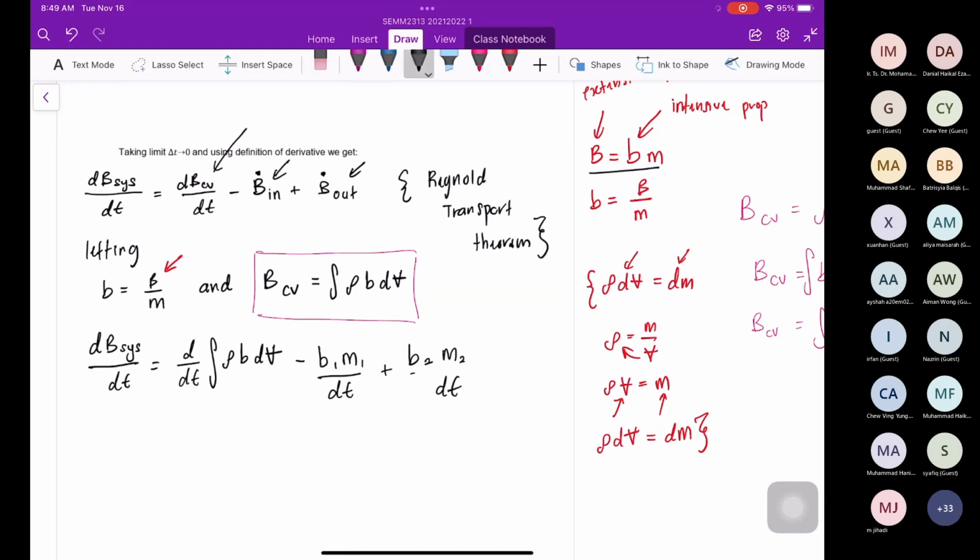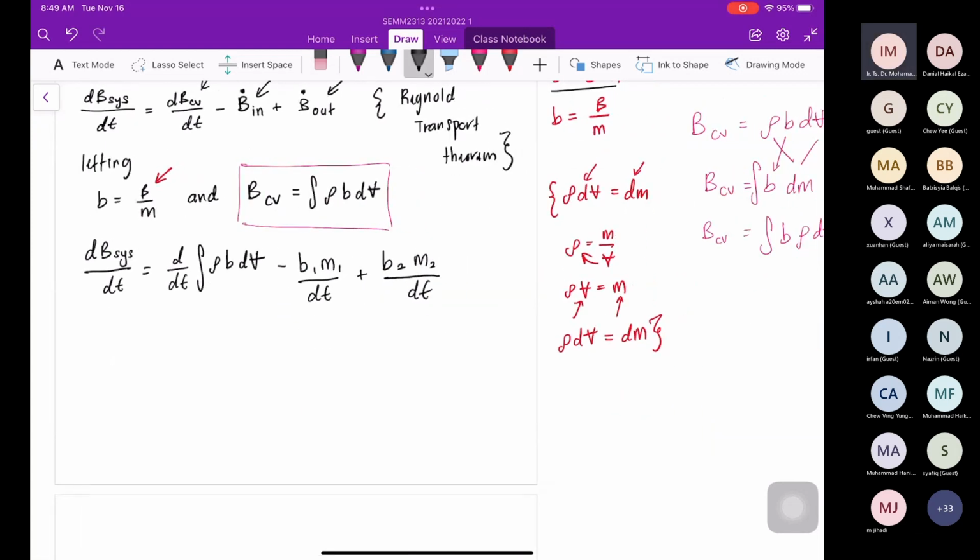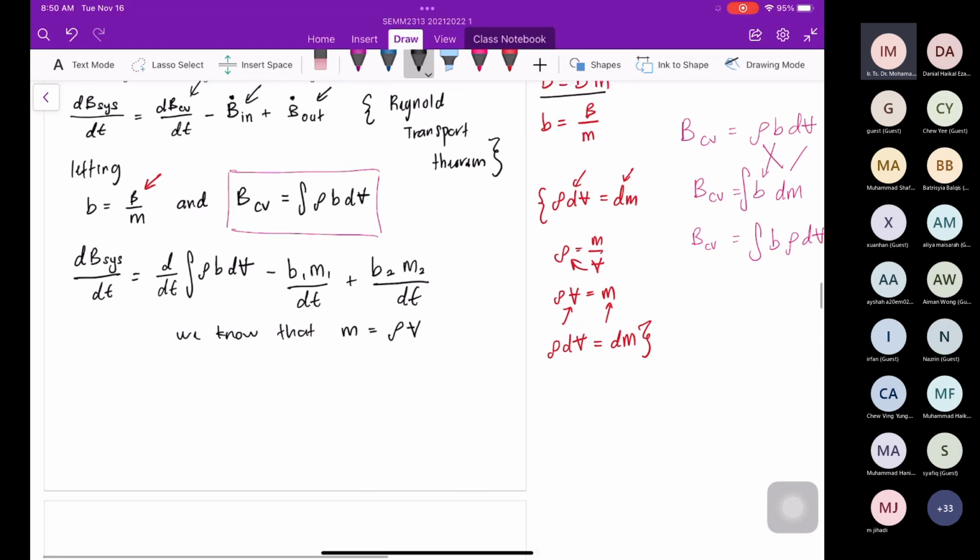We know that mass is rho, the density, multiplied with volume. So in order to get mass, rho multiplies with volume.